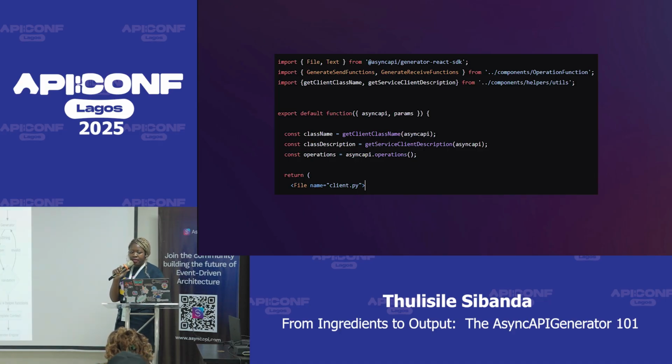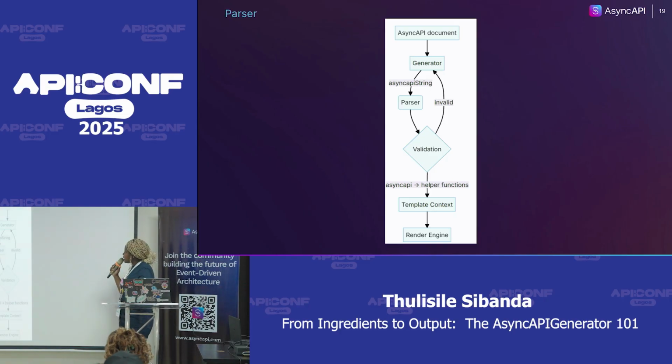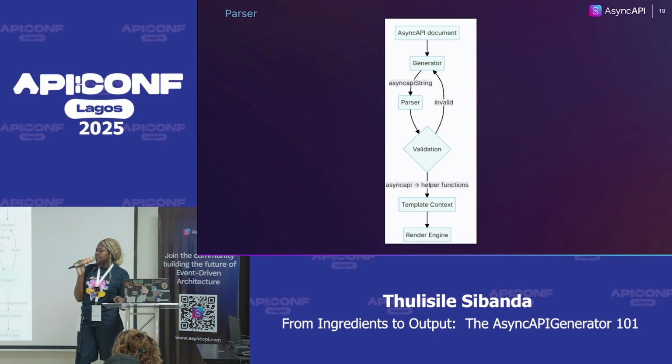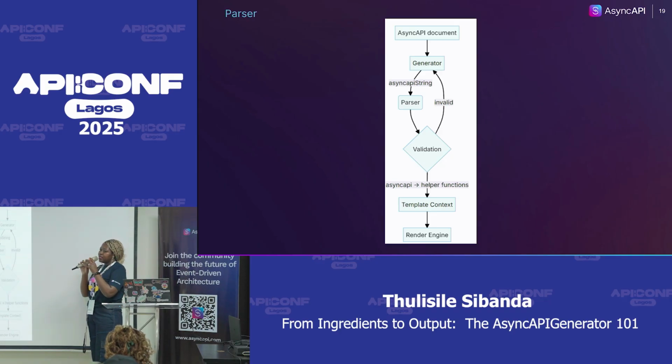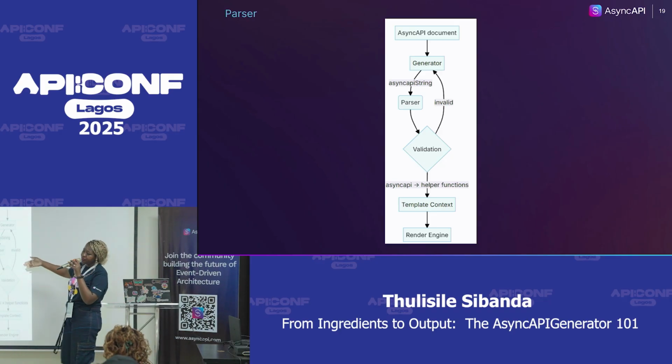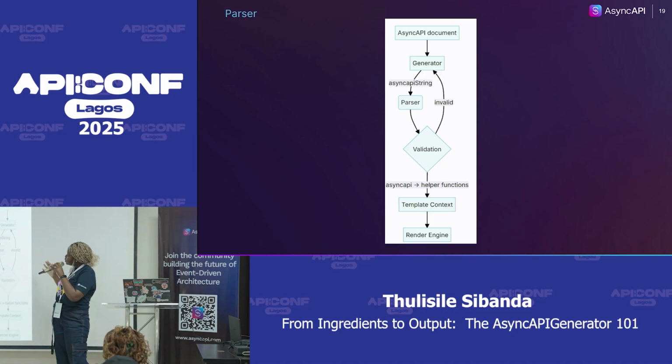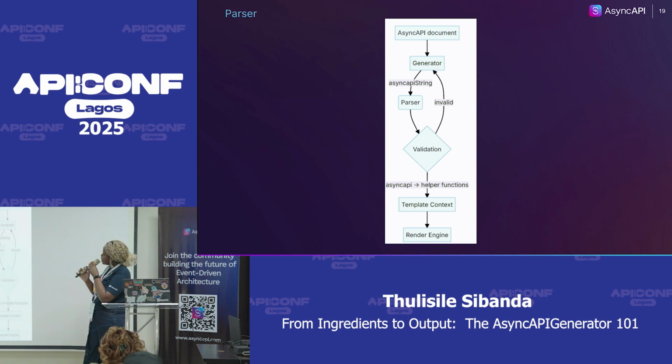This is typically how a template looks, but I will later show you the full code of the template. Like I said, the AsyncAPI document needs to be properly defined with all the components, because once you feed it to the generator, it needs to go to the parser. The parser validates whether your AsyncAPI document has all the right components, put together from info.